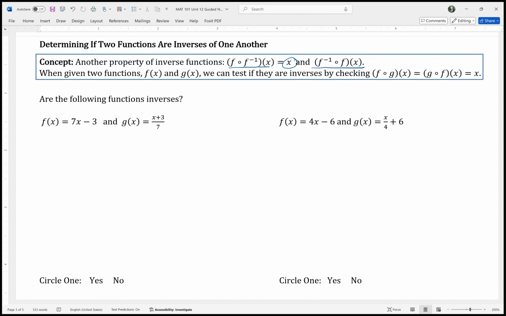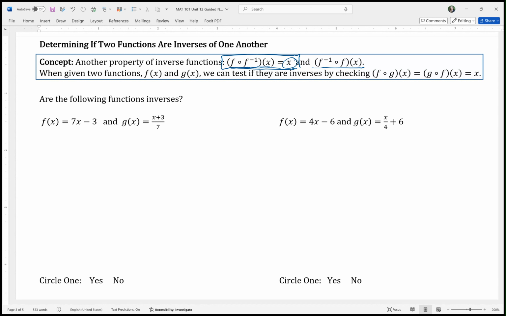That's so rare. There's only very specific functions where that happens. So what we can do is just check this first one. Can we compose these two together and get x out? If we do, these two are inverses of each other. Okay? All right, so let's try that first method with this first example.